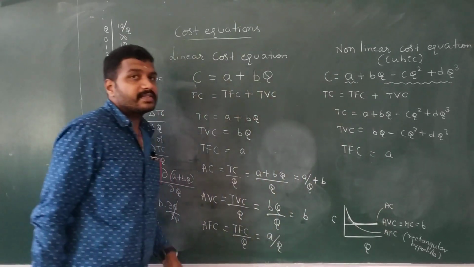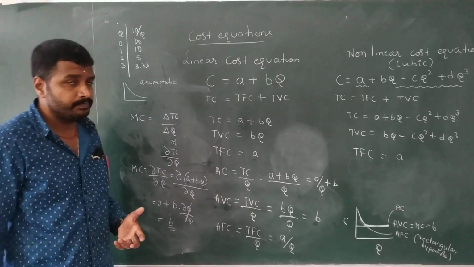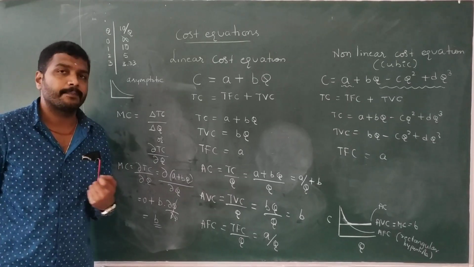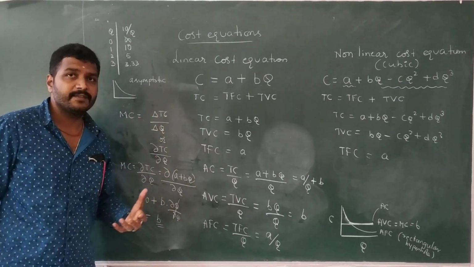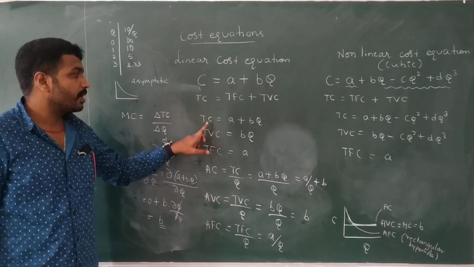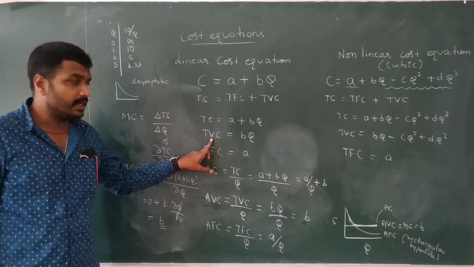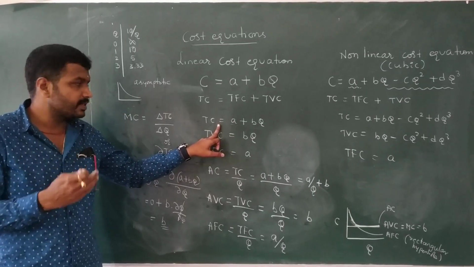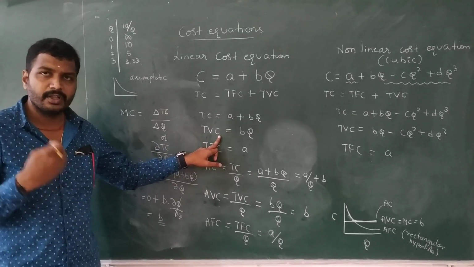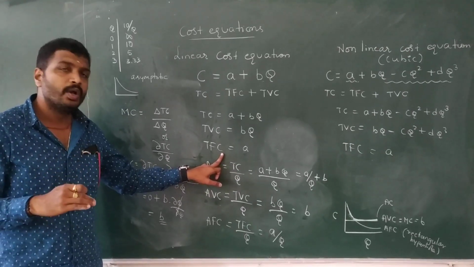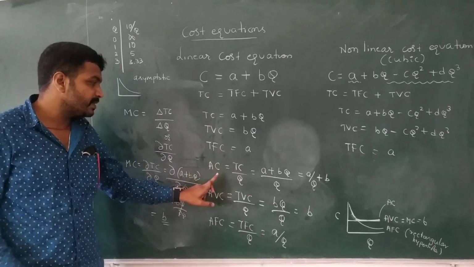So, in examination there used to be a question on the shapes of different cost curves. In case of linear cost equation, the shape of TC, TVC used to be linear. TC will start with an intercept, TVC will start with an origin. TFC used to be horizontal or parallel to x-axis or output axis.